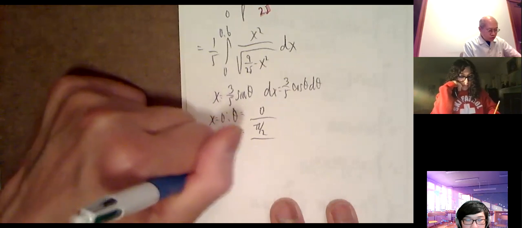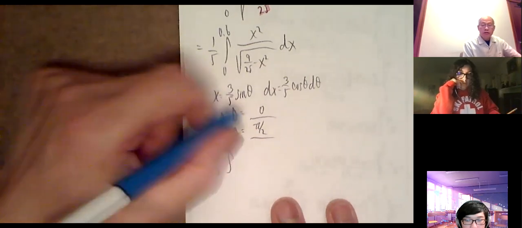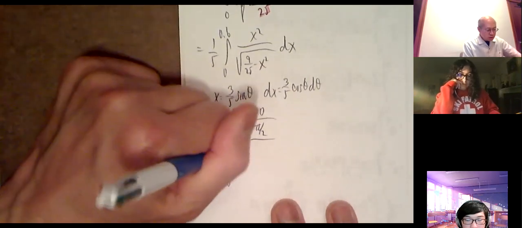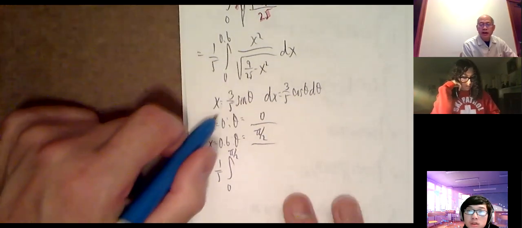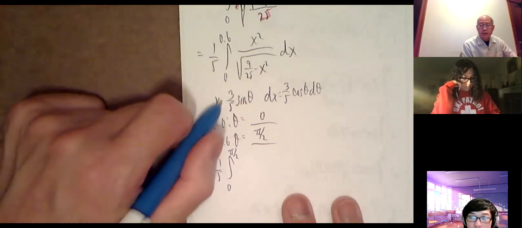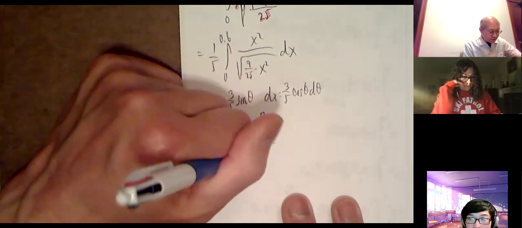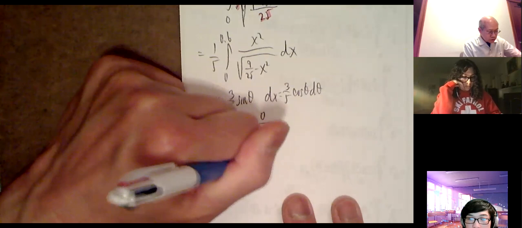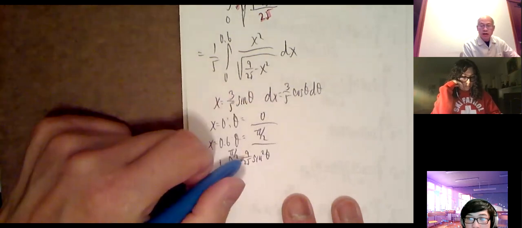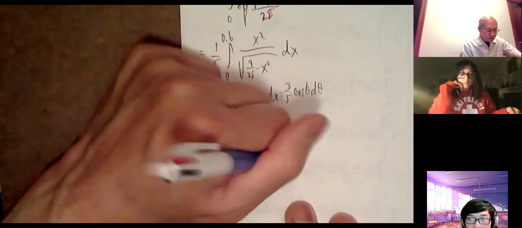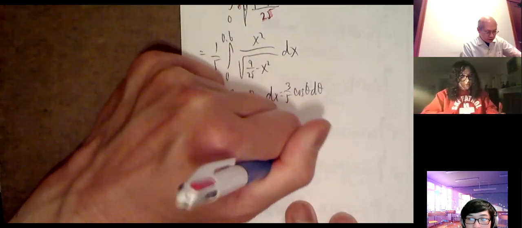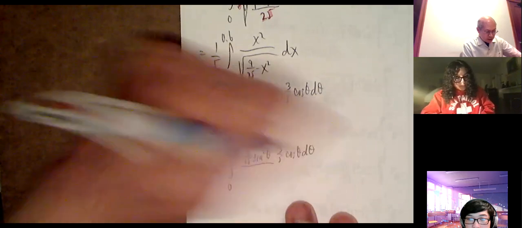So I becomes 1/5 integral from 0 to pi over 2. Okay, x squared. Gets kind of clumsy now. 9 over 25 sine squared of theta. dx is this stuff, 3/5 cosine theta d theta.